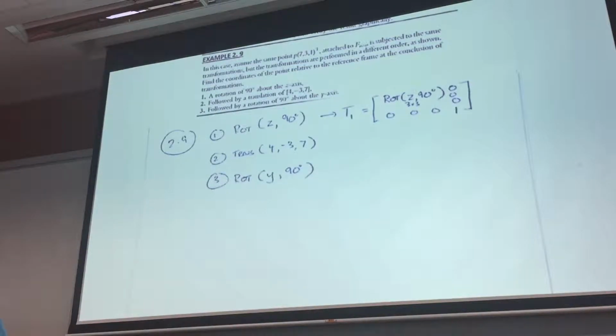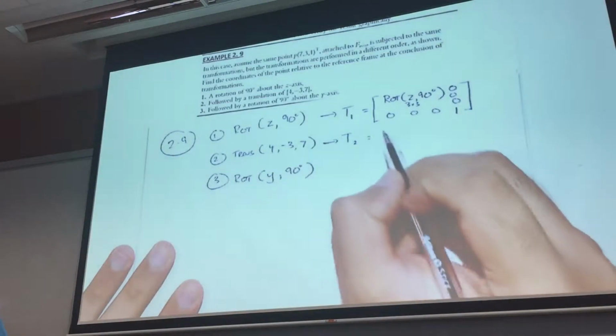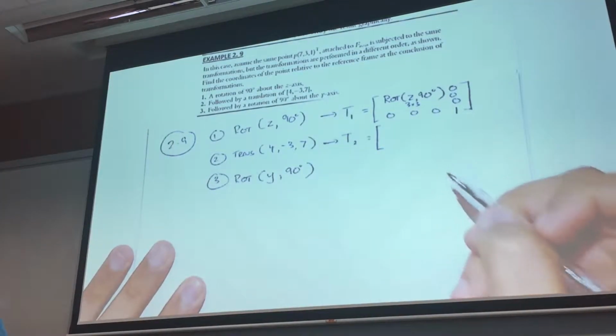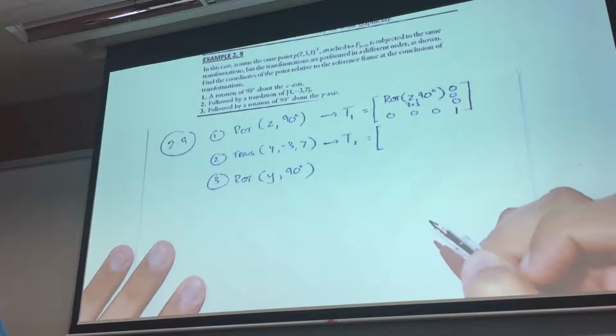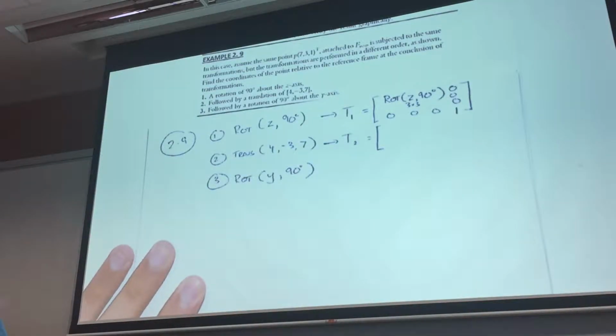Exam questions will ask you this. Some sequence happening. How do you form up your 4 by 4 transformation matrix from the basic matrices? Okay? This is T1. When you go to your second step, if you have a pure translation, the rotation matrix is the identity matrix.